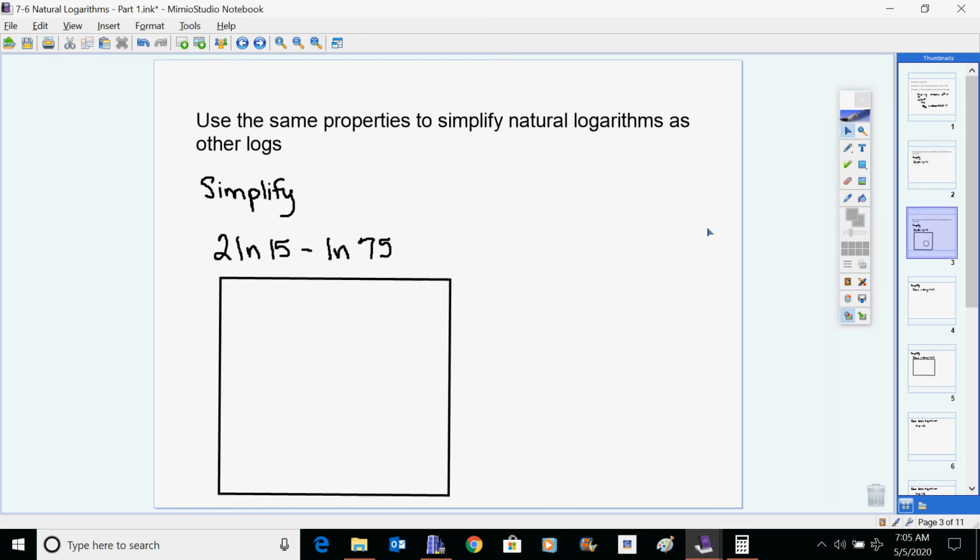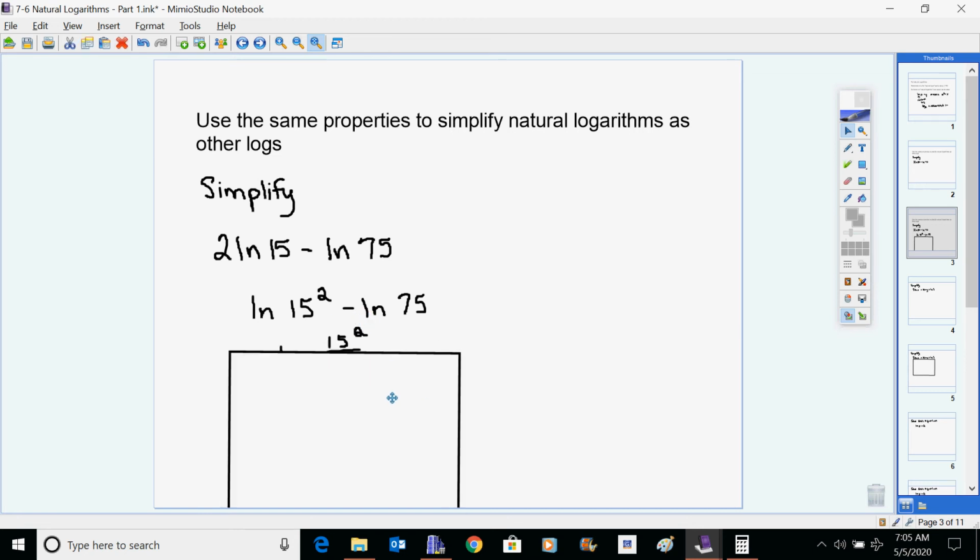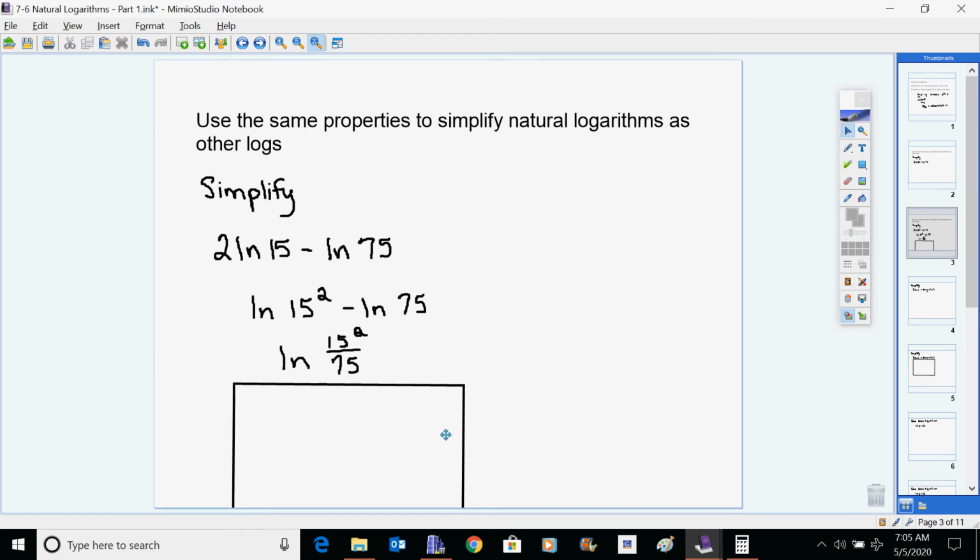For example, if I want to simplify this, the 2 out front can get drawn up here as an exponent. So the natural log of 15 squared, because we have a minus here, we can consolidate it into one natural logarithm, the natural log of 15 squared over 75.